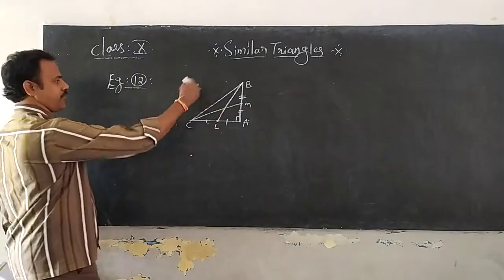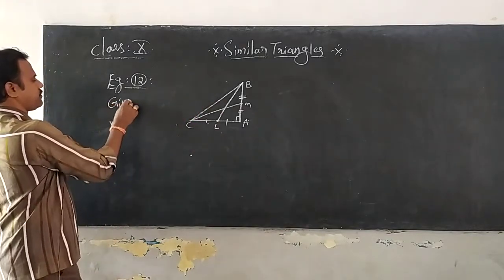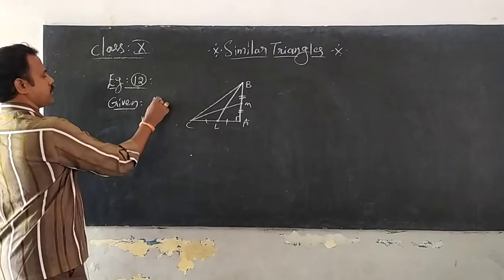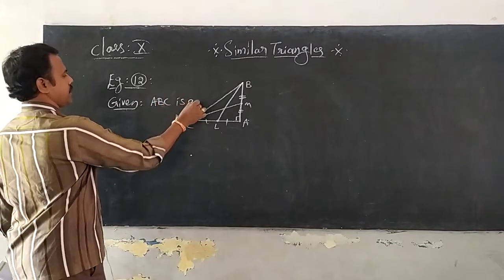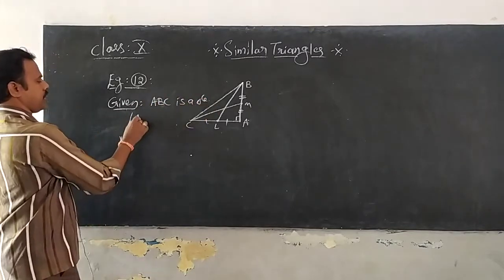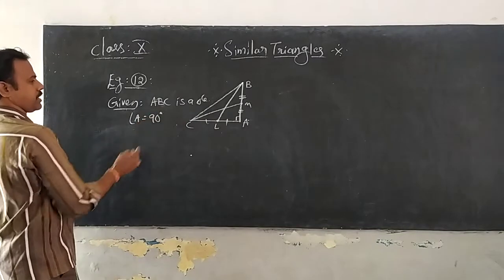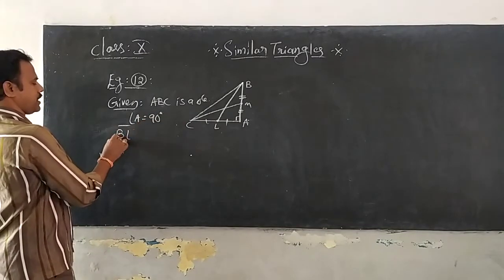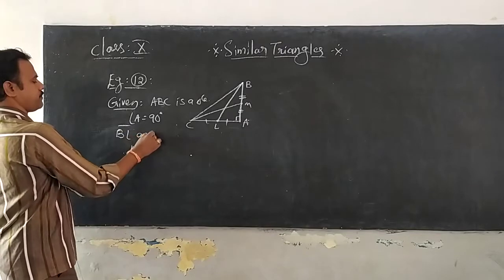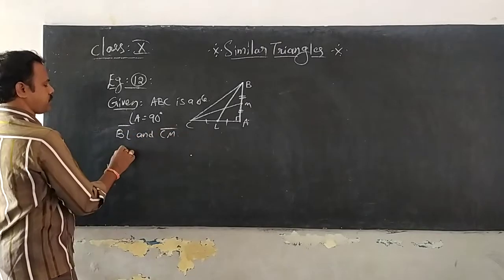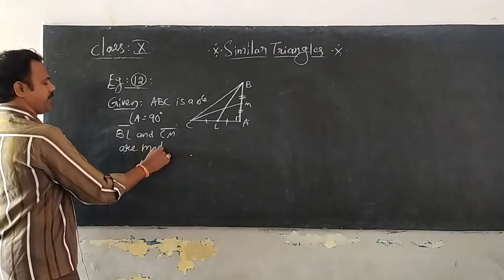Okay, what is given? Let us write that one. Given: ABC is a triangle, angle A is equal to 90 degrees, BL line segment and CM line segment are medians.